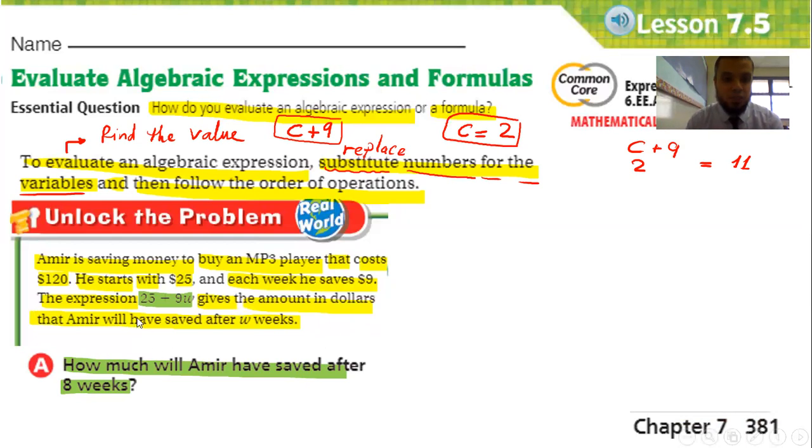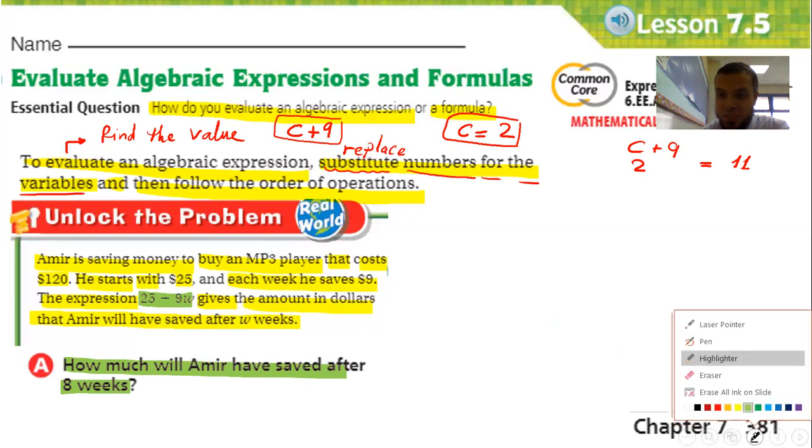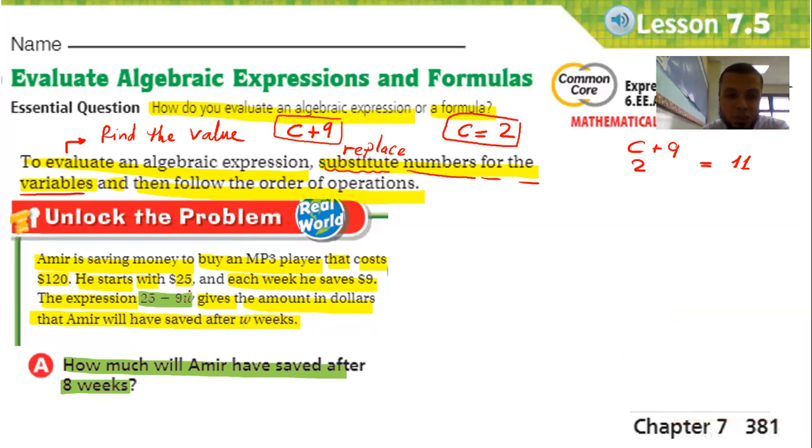Already we have an algebraic expression, 25 plus 9W. And here, the letter W represents what? Of course, it represents the number of weeks. The question asks us to know how much Amir will have saved after 8 weeks. So how can I know the answer? Think and focus with me, please.